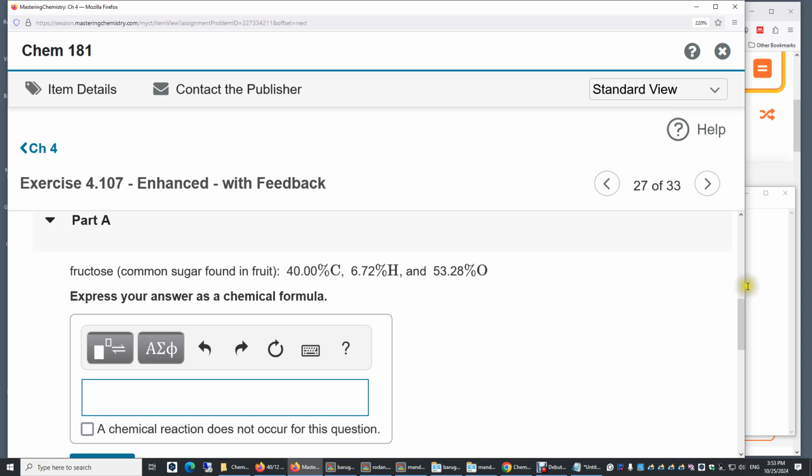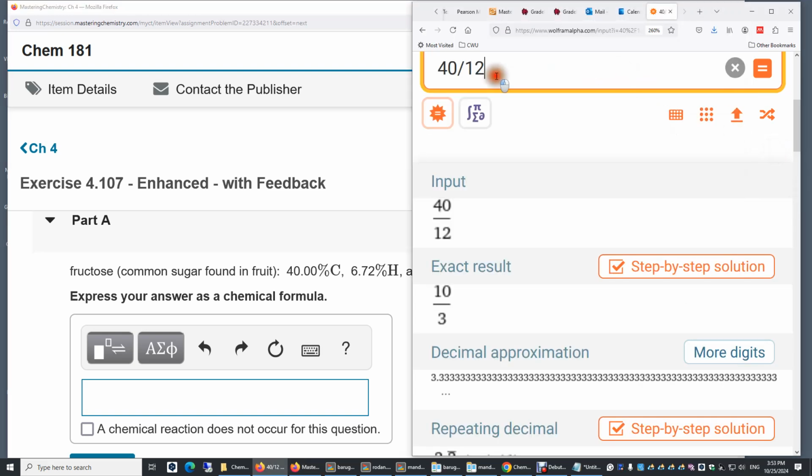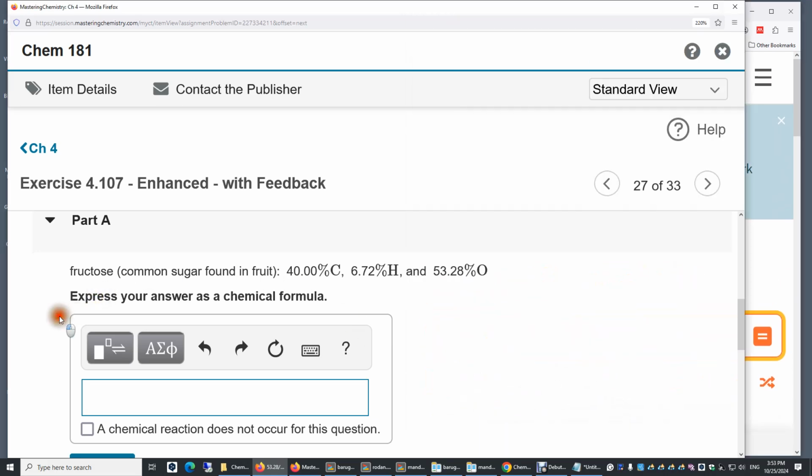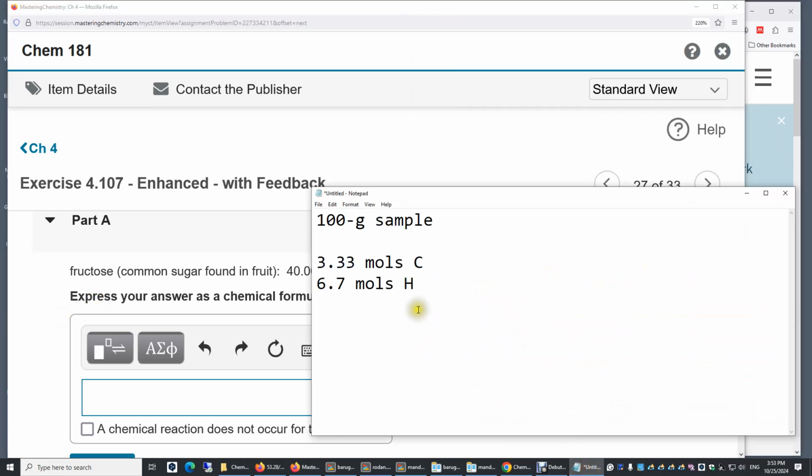Oxygen, 53.28 divided by 16, roughly 3.33 as well. So 3.33 moles of oxygen.